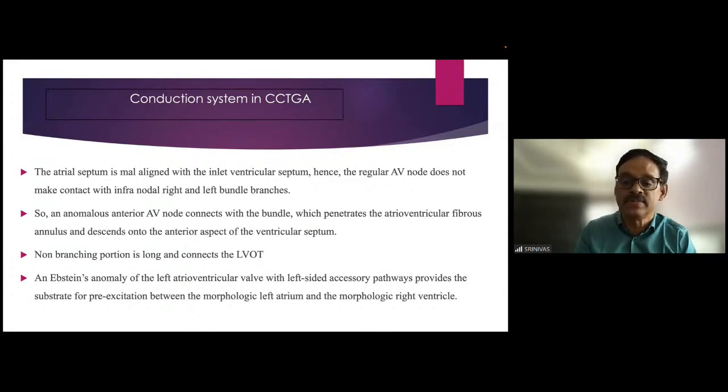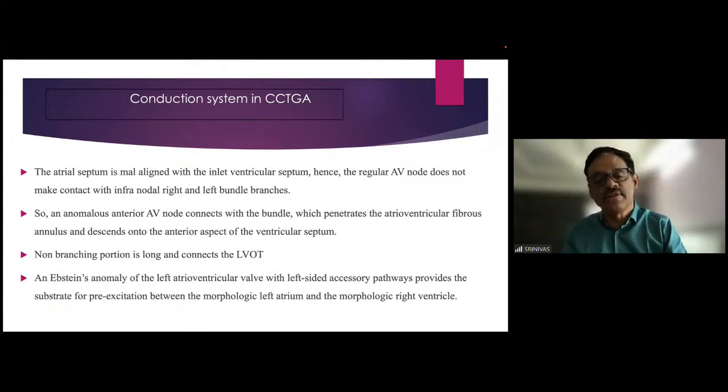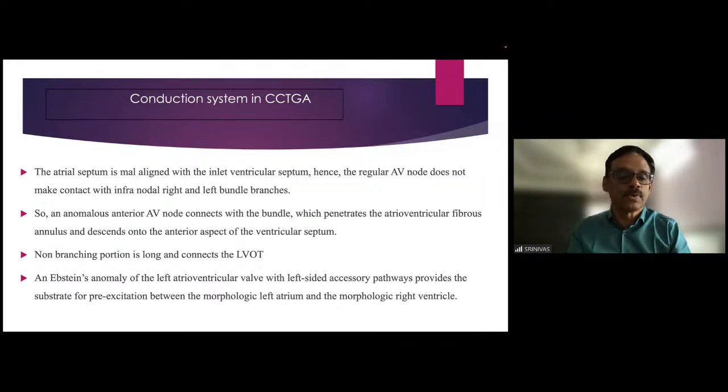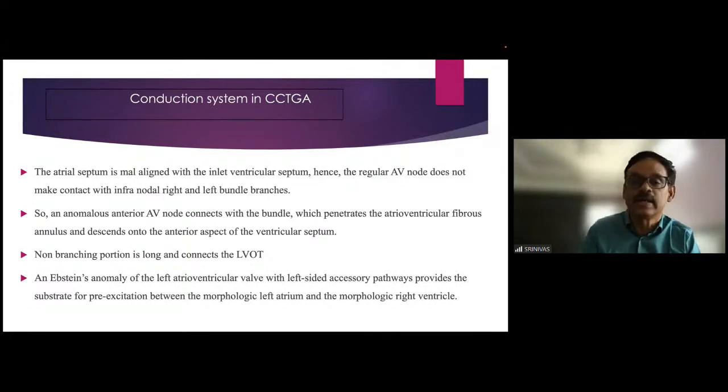This is also another important variation from the normal. The non-branching portion is long and crosses the LVOT there. An Ebstein anomaly, Ebsteinoid malformation of the left AV valve with a left-sided accessory pathway, may sometimes be present, and it provides a substrate for left-sided pre-excitation between the morphological left atrium and morphological right ventricle.